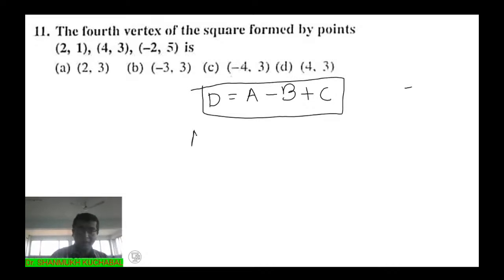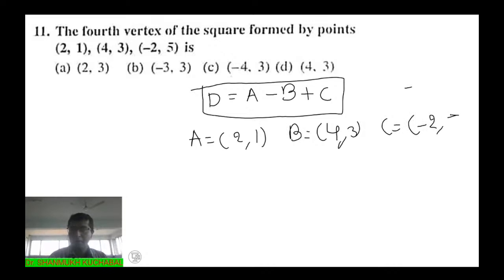So the first point I take as A, it is (2, 1). Second point B is (4, 3). Third point C is (-2, 5).